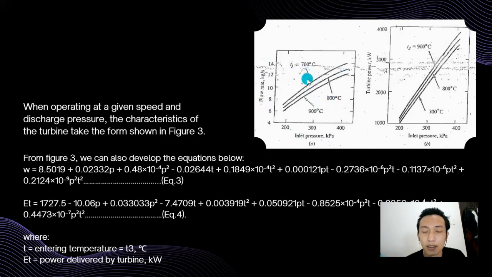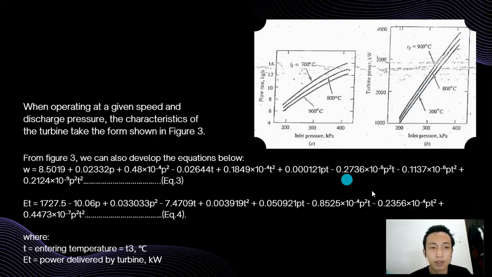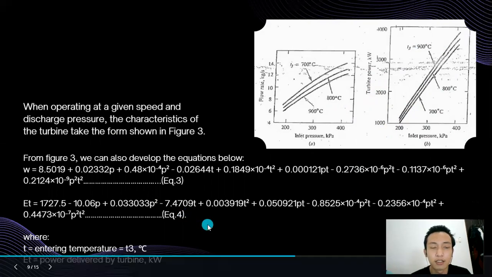We have 700 degrees Celsius, 807 degrees Celsius, and 900 degrees Celsius. And then on the right graph, we have the inlet pressure of the turbine versus the turbine power, also with temperature variation. So from figure 3, we can also develop the equations below.